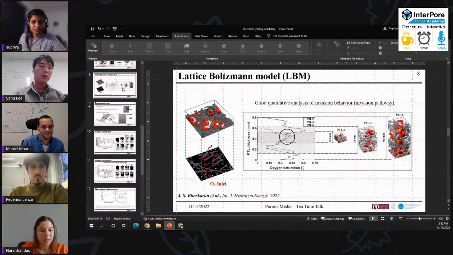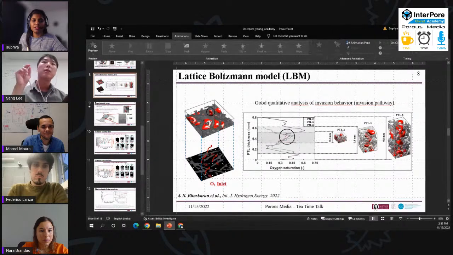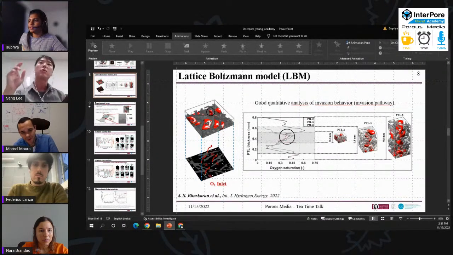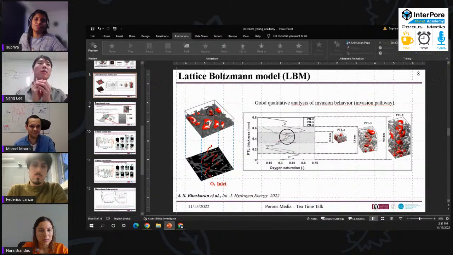I was expecting this trend to be linear, high from the inlet and then decreasing as you go further up. But it seems a very non-linear trend, high in the beginning, then decreasing and then increasing. Do you think that's an artifact coming from the size of the simulation volume, or what do you think is the cause?